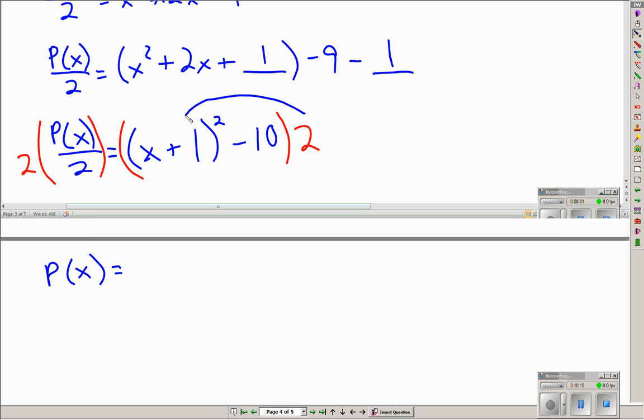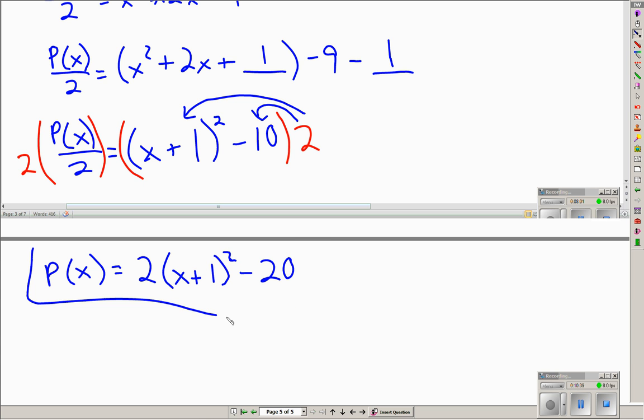I'm going to go 2 times the quantity and 2 times the negative 10. 2 times the quantity is just 2 times the quantity x plus 1 squared. 2 times the negative 10 is negative 20. Notice I didn't distribute within the x plus 1. I'm leaving it out because that squared would mess everything up. So it's just 2 times this whole piece and then 2 times the negative 10. That is now finished.